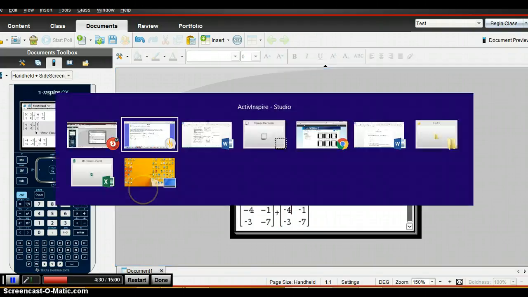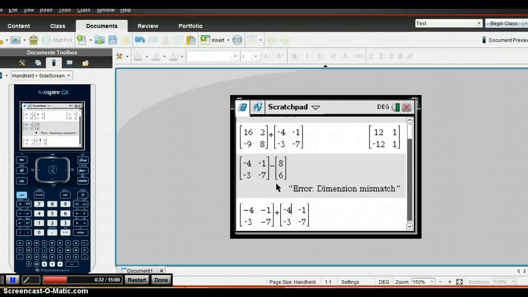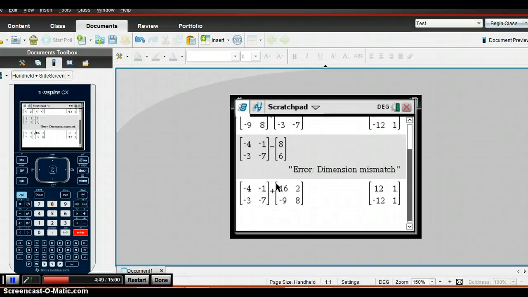Then I believe that it was what, 16 and 2. And then -9 and 8. And so we get this.